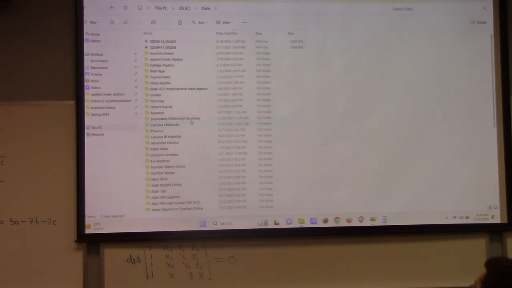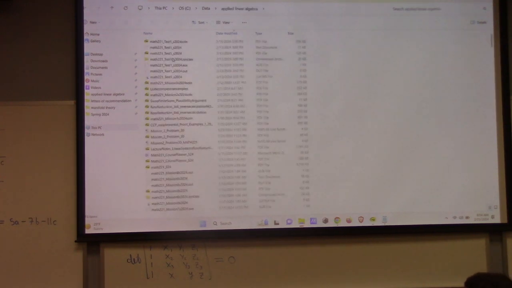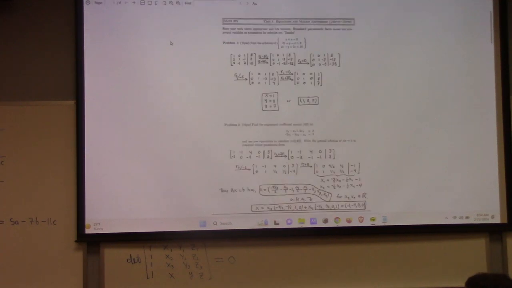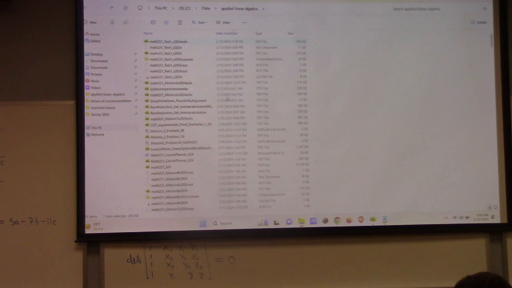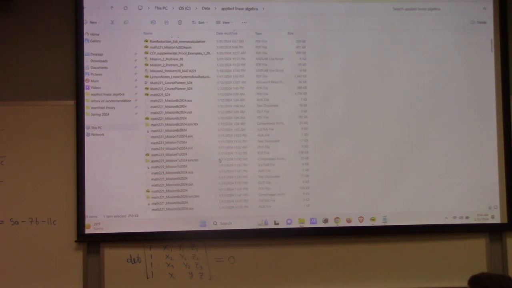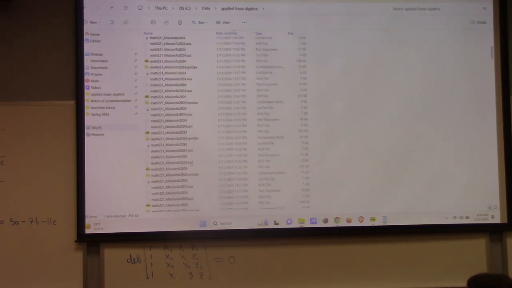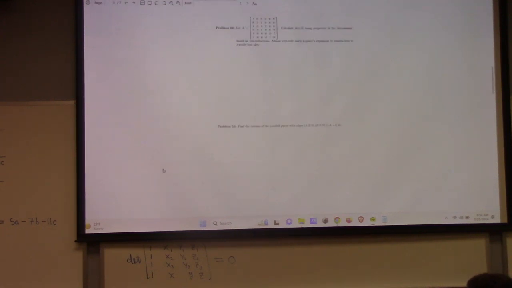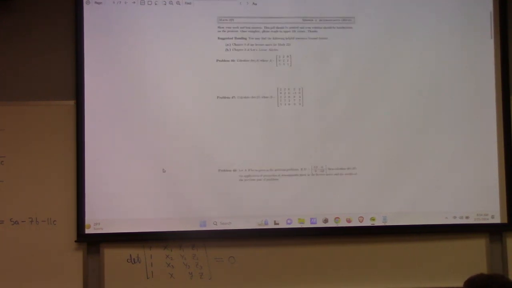So the last problem on the test, right? If you look at it, I think it's relevant to one of the problems on this assignment.